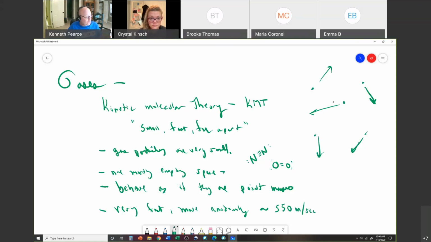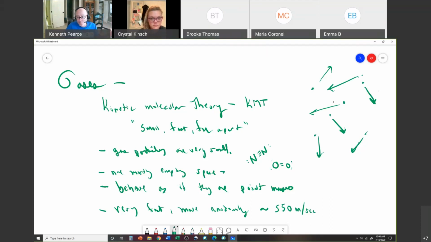Now, why don't you feel a 600 yards per second breeze? That would be pretty fast, right? Why don't you feel it? Well, because they're moving randomly. They're just as likely to be moving in this direction as they are in that direction. So on average, they cancel each other out.